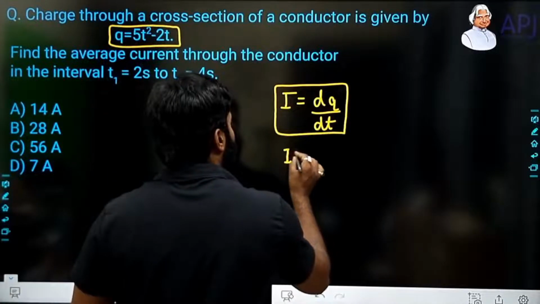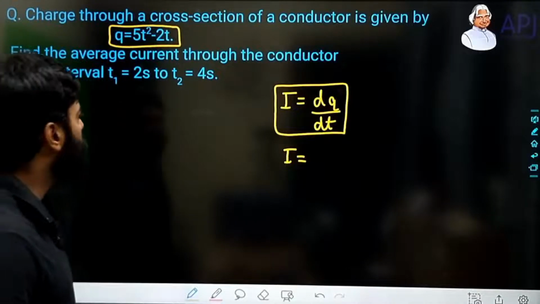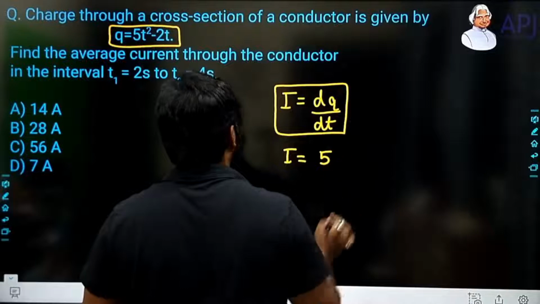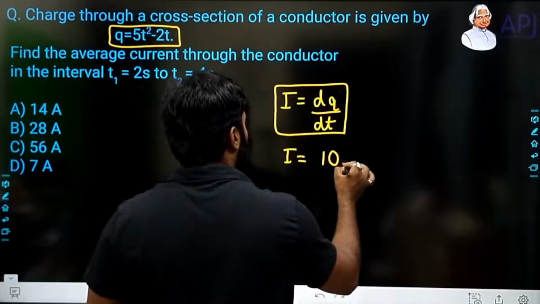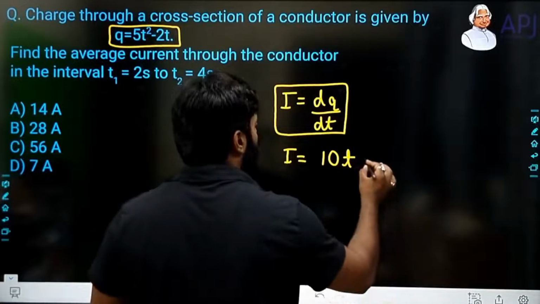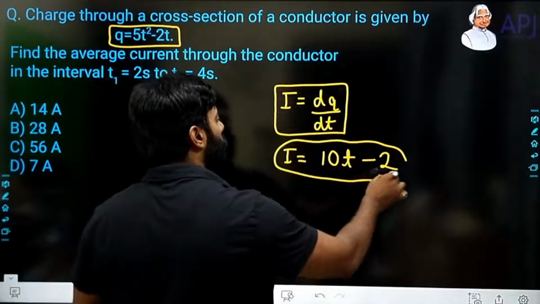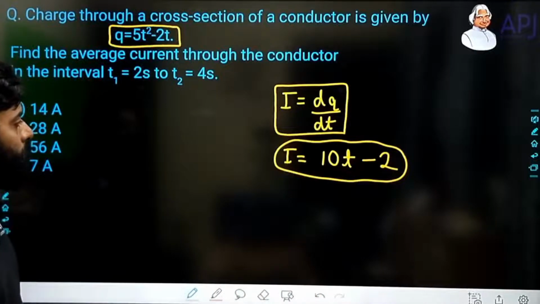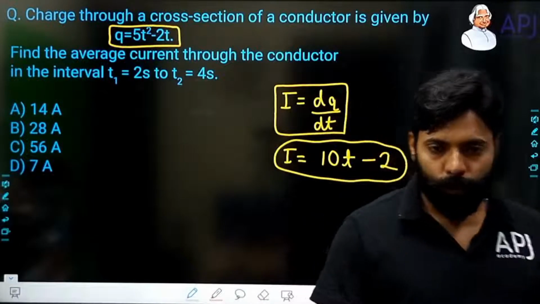So I can do that, right? It will become 5 10t minus of 2. So my equation for current will become this, right? And now what will you do?